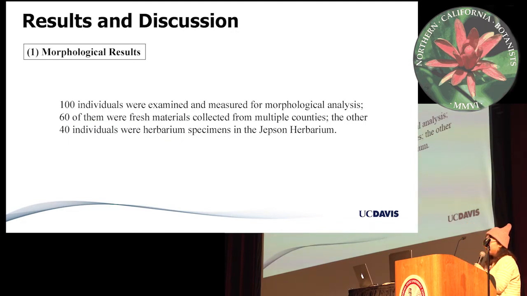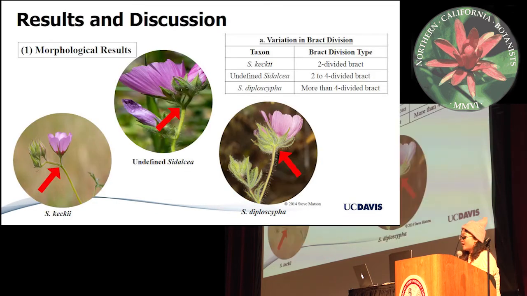So here come some results. For morphological analysis, 100 individuals were checked in total. 60 of them were from the fresh materials that we collected, and 40 were herbarium specimens at UC Berkeley.